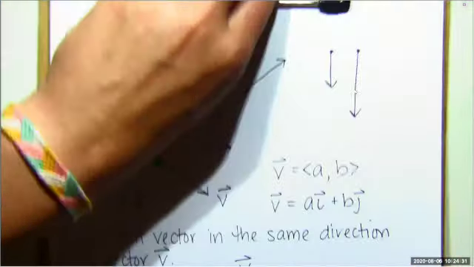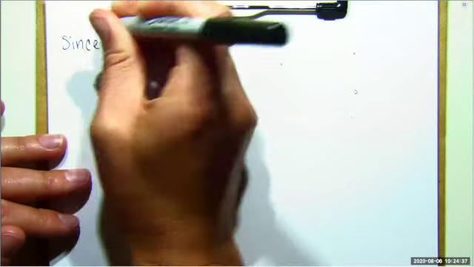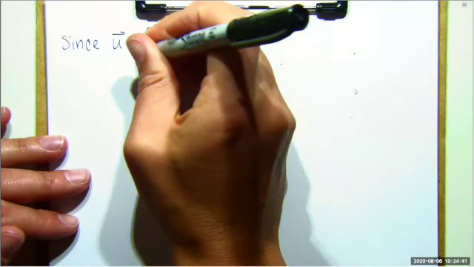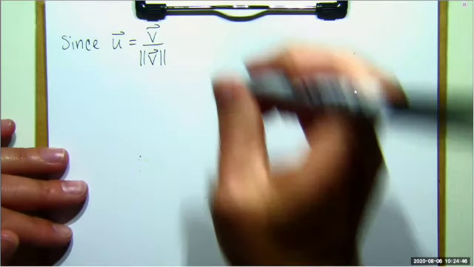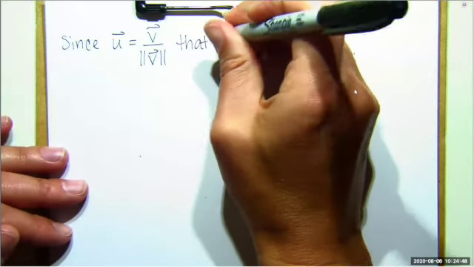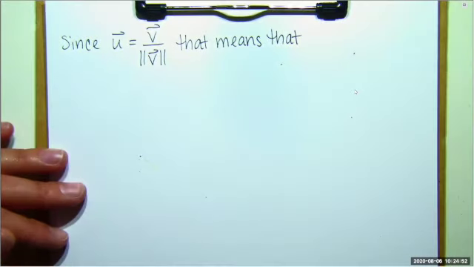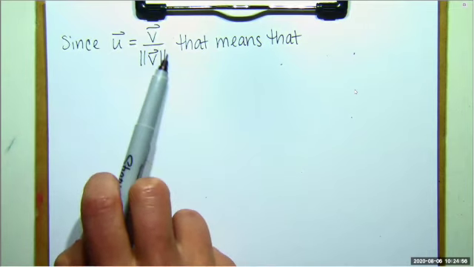So, why do we care? Since the unit vector is equal to the vector divided by the magnitude of the vector, right? That's just what we saw on the last page. That means, and this is the important part here, this magnitude of the vector is a scalar.